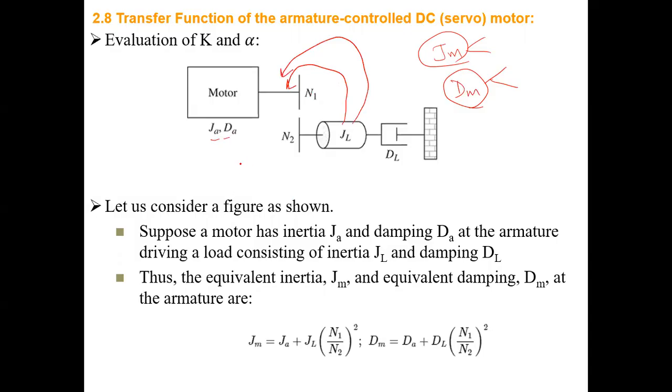So how do you get there? You don't have to do anything. So what does your JL become here? You guys have to help me here. What is the factor when you go to the right? Would it be N2 over N1?